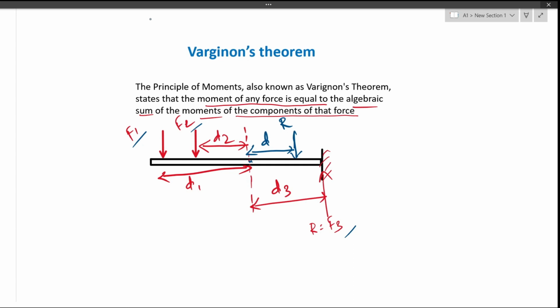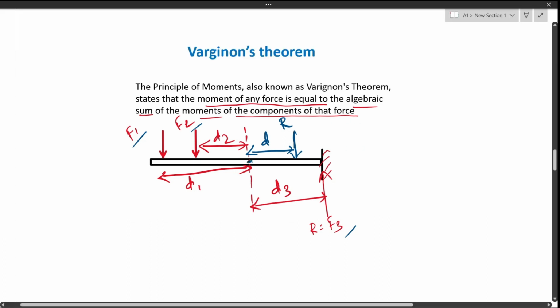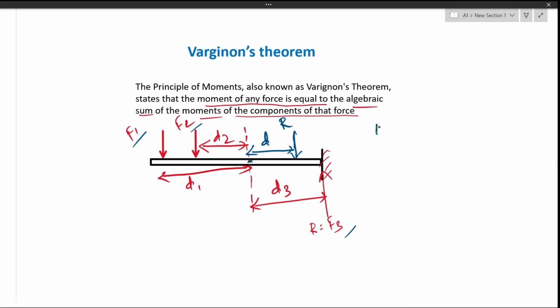If we calculate the moment of each force from this point, F1 acts in the counterclockwise direction, so F1 times D1. Counterclockwise is considered positive, clockwise negative.